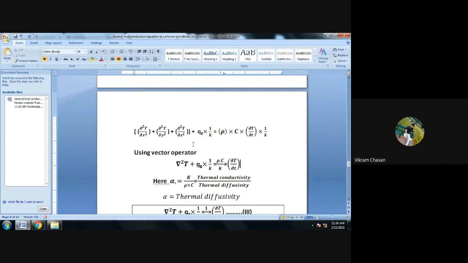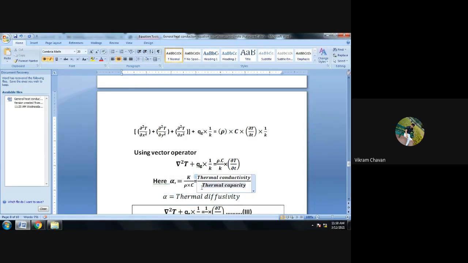Remember, alpha is equal to thermal diffusivity, and it is equal to thermal conductivity divided by thermal capacity. We know that k is the thermal conductivity, and rho c, the density multiplied by specific heat, is called the thermal capacity.